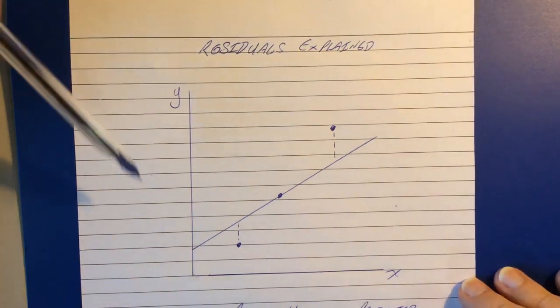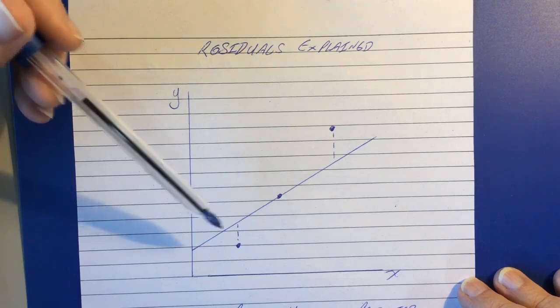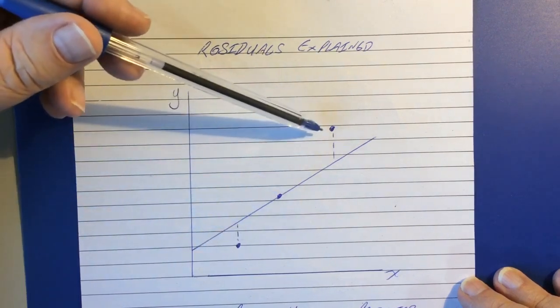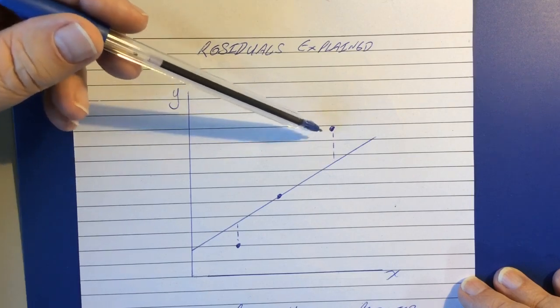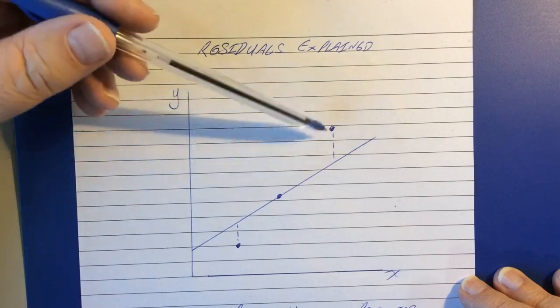So what we have here is a very simple illustration of a scatter plot. Now it's a pretty sparse scatter plot, but it's useful for explaining what residuals are.